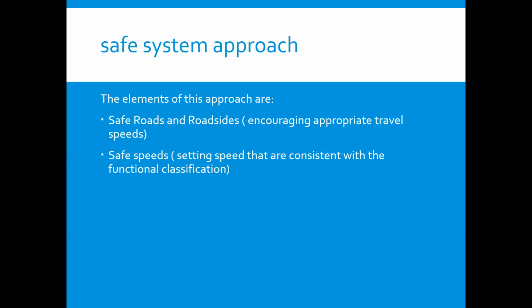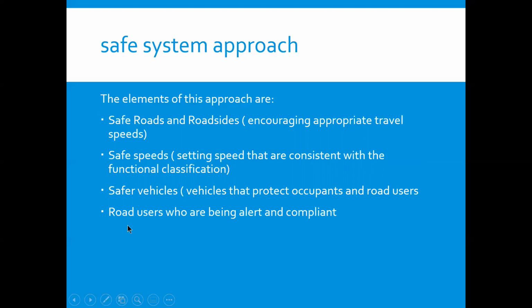For example, if you're driving on a major urban road that is either an arterial road or a sub-arterial road, you would have a certain speed that shouldn't be changing often, okay? If you're driving on a local road, you should have a lower speed, and that speed, again, should not change often. Safer vehicles, vehicles that protect occupants and road users who are alert and compliant.